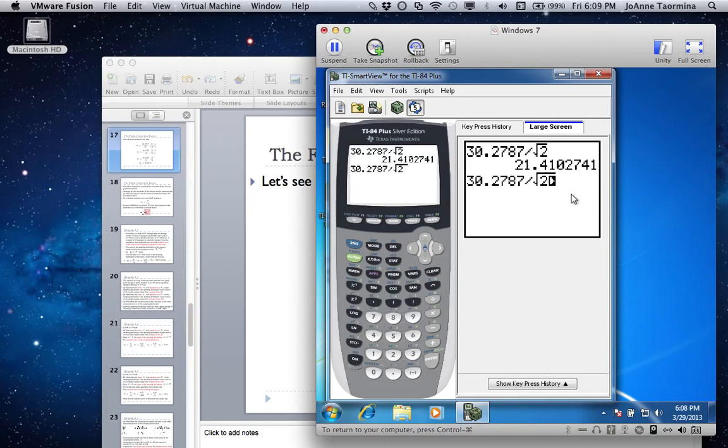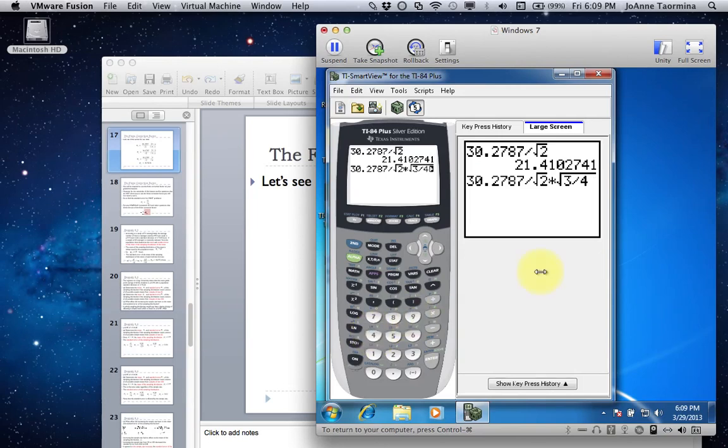Before I write the next symbol, which is multiplication, I have to move the cursor out. So I'm going to press my arrow to the right. Now notice that my cursor is flashing outside of the square root symbol, so I can write times, and the next thing we're multiplying by is the square root of 3 over 4. So second, square root, 3 divided by 4.